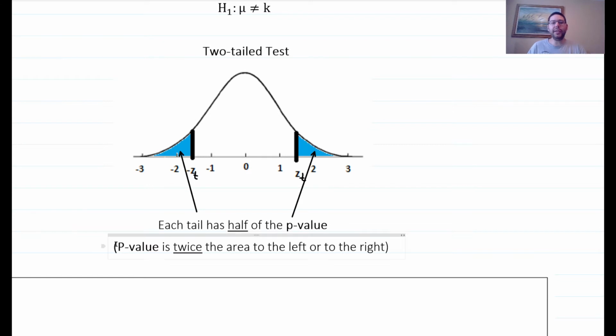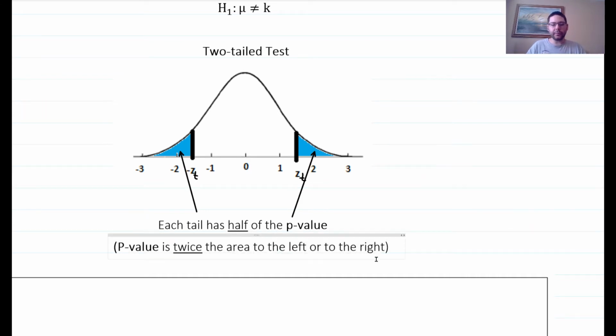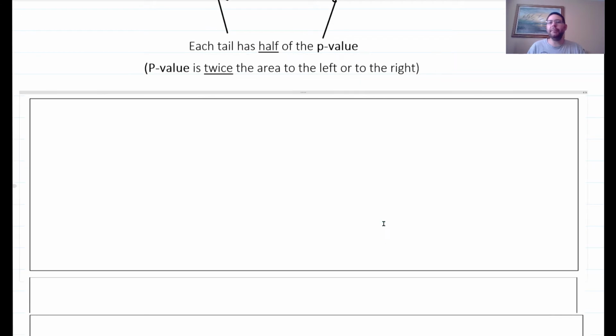So basically the p-value is twice the area to the left tail, just looking at the left side, or twice the value on the right side. So if the right side was 5, p-value is 10. If the left side was 5, p-value would be 10. Okay, it's always twice on each, just looking at one individual tail, twice that value. Okay, so hopefully that makes sense. I wanted to emphasize that.